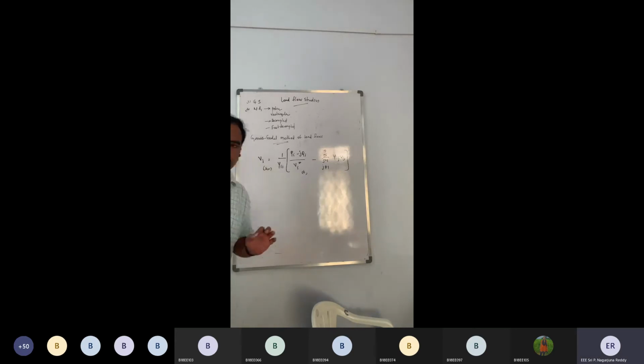This formula you are supposed to remember at any cost. I am not going to derive it, it takes a lot of time. Just note down this formula. Have you noted it down?